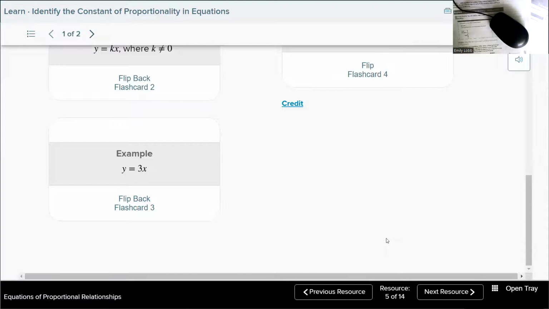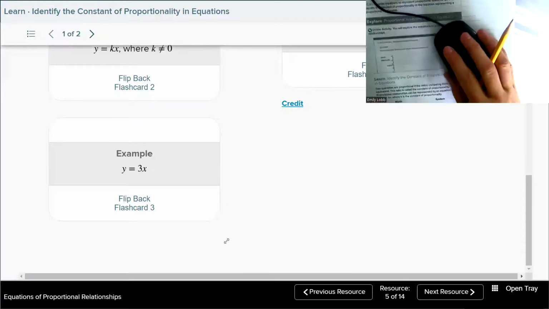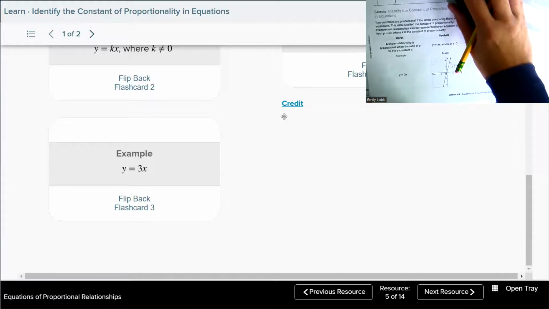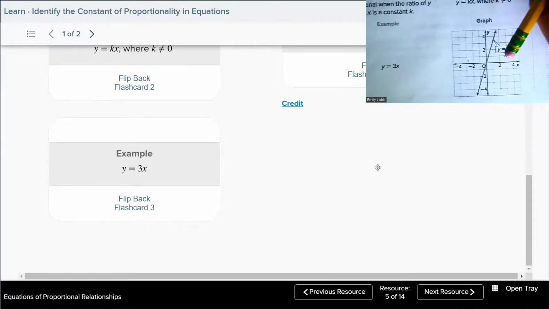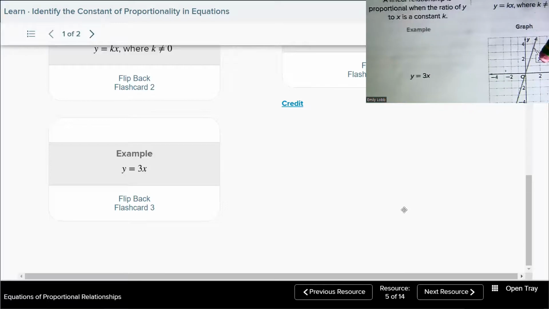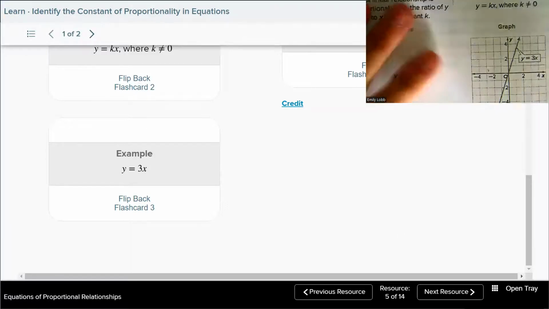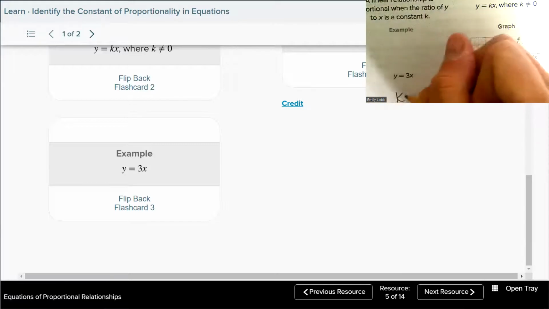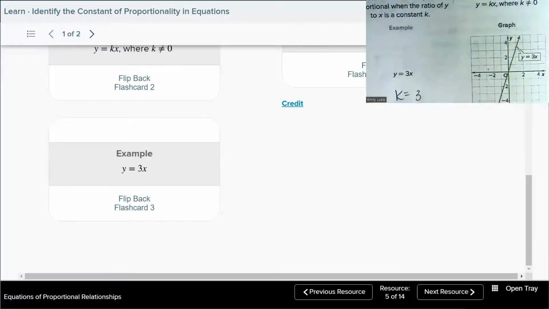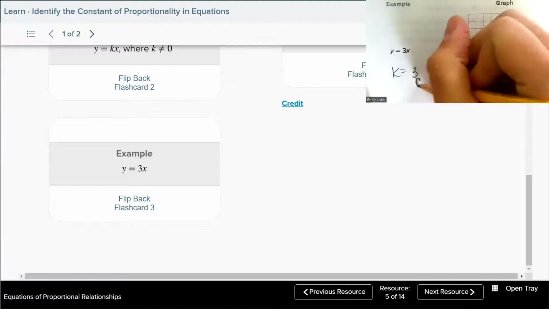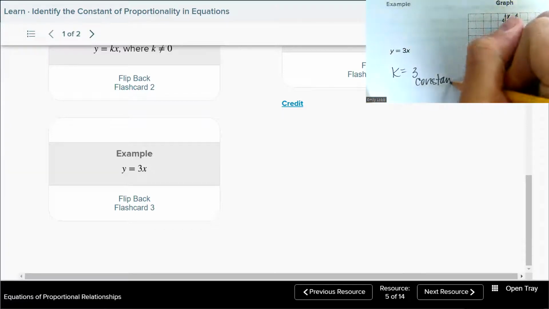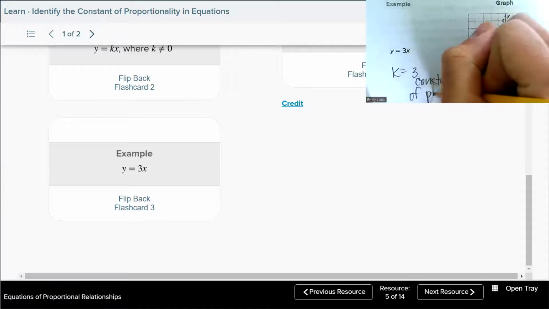What does k equal in y equals 3x? If our equation is y equals kx, and the example is y equals 3x, what is k? 3. So k equals 3. 3 is our constant of proportionality.